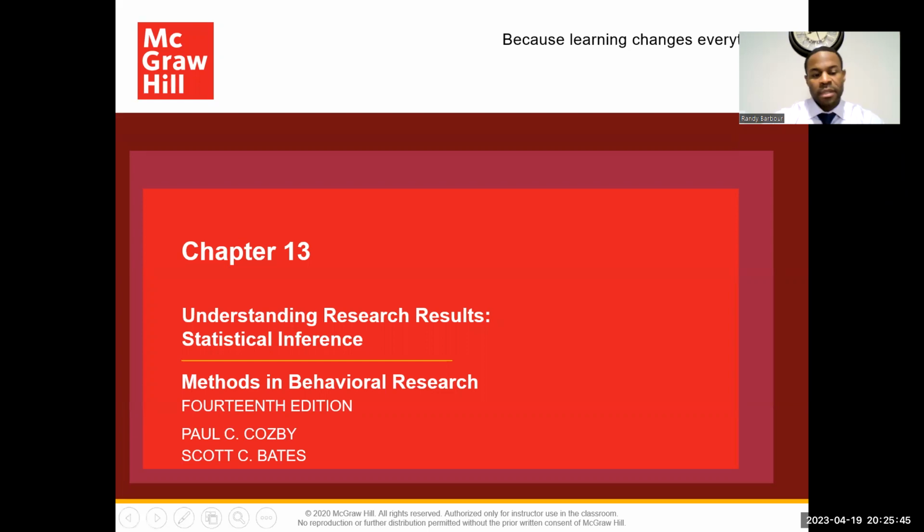But again, welcome back. So again, understanding research results, we're looking at statistical inference. And so when we're talking about statistical inference, we're talking about using samples. And we'll talk about this a little more specifically, using a sample that we get from a population. We use that sample to then draw conclusions about that population.